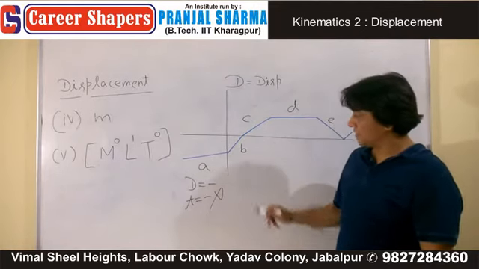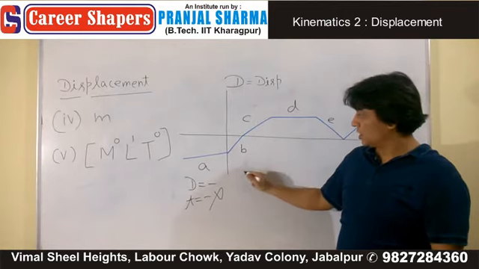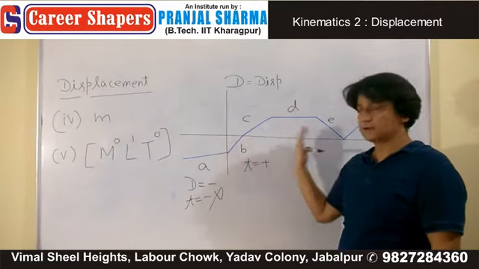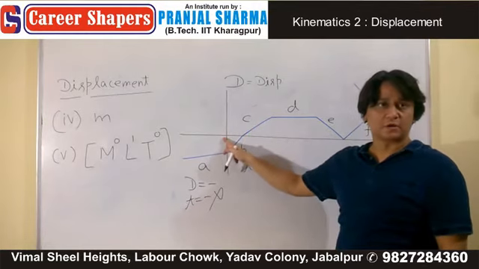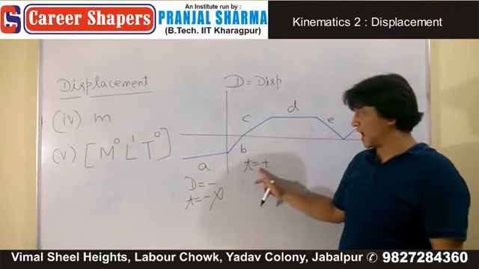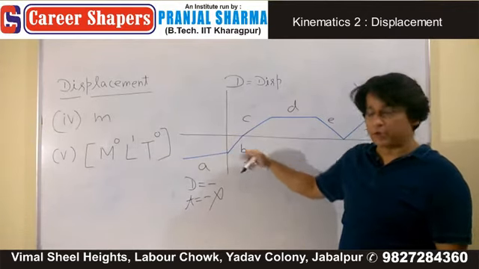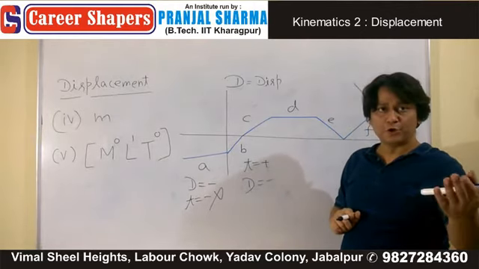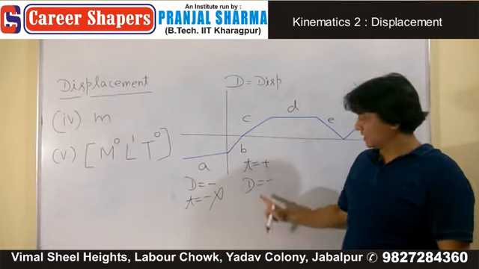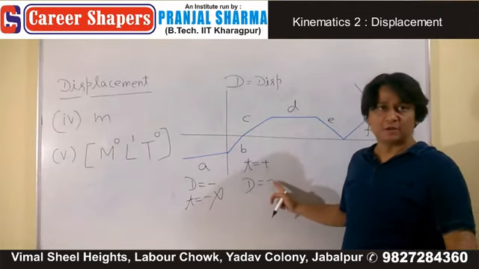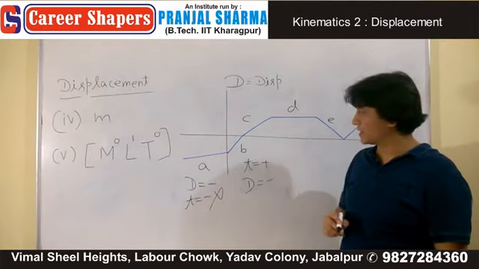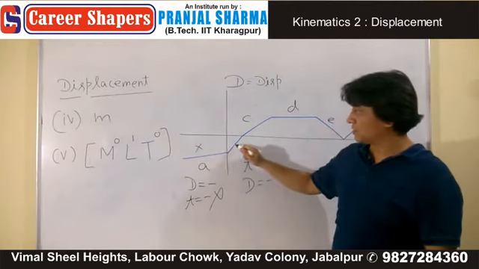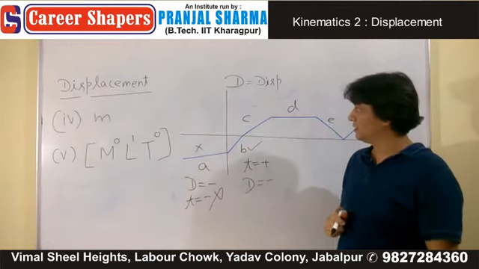Look at B. B says your time is positive on this side. This is the origin. On the right side of the origin, time is positive. Below the origin, your displacement is negative. No issue. Time should be positive, displacement can be negative. Nothing is wrong.